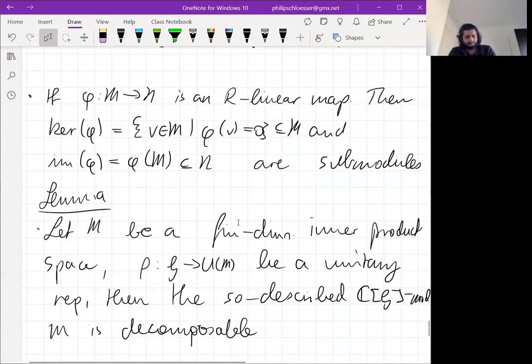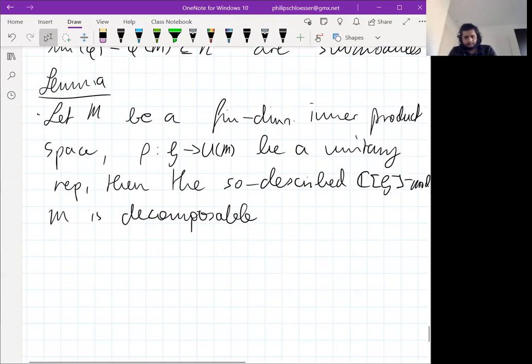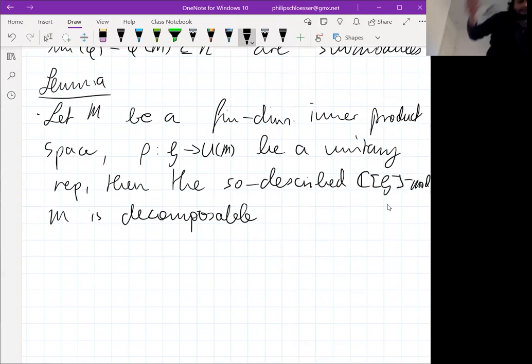Because if you have a unitary representation, you can just take the orthogonal complement of a submodule, and it's still a submodule. So then by some induction argument, you get that it's decomposable.